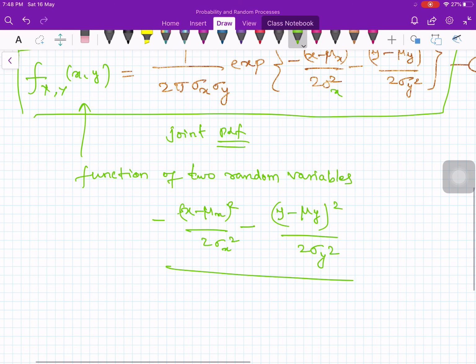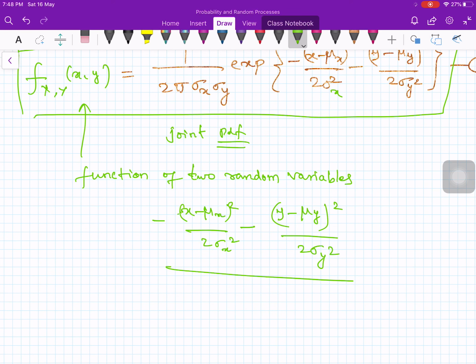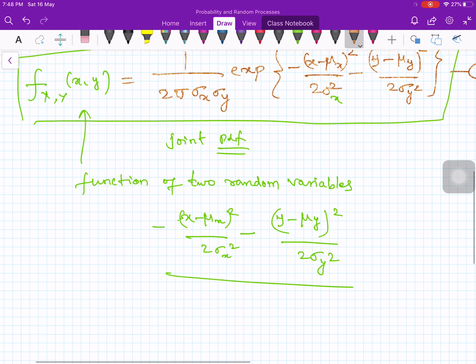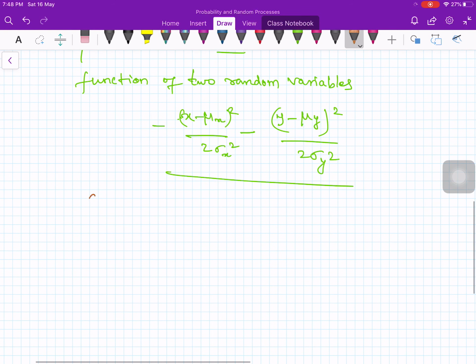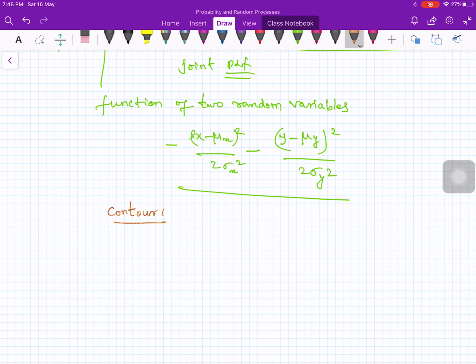Contour means you look at the points at which the function takes a constant value.